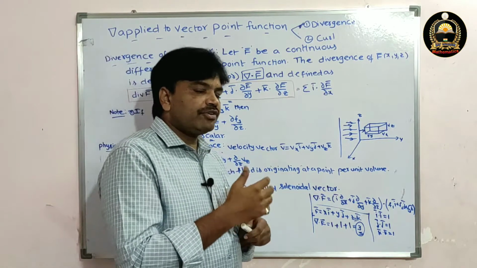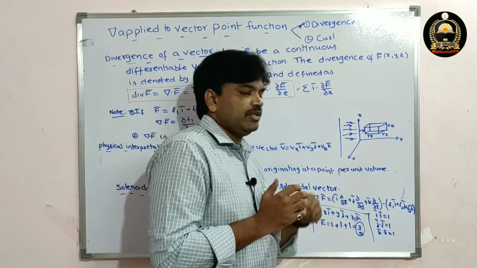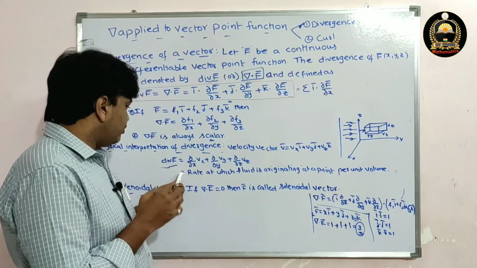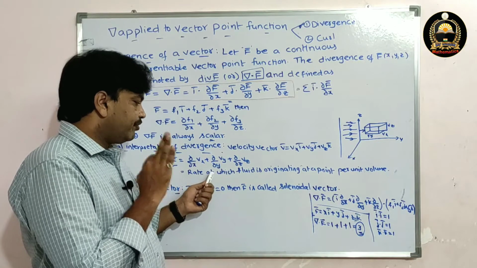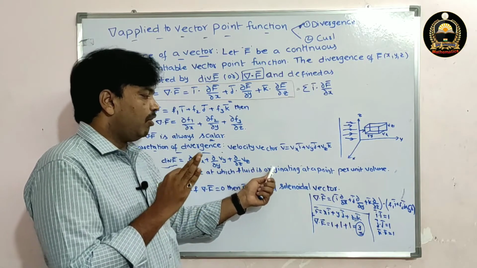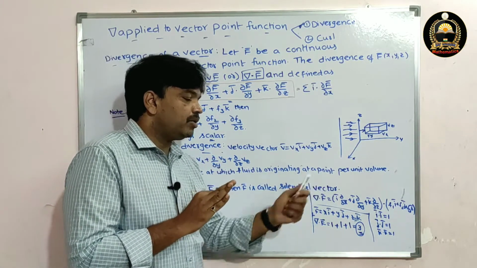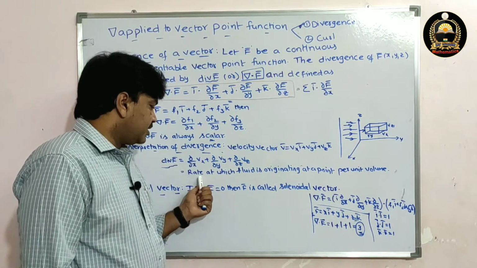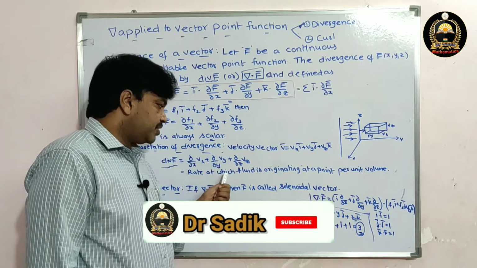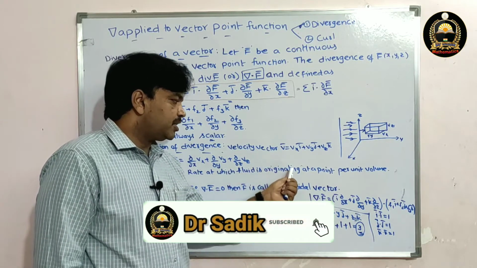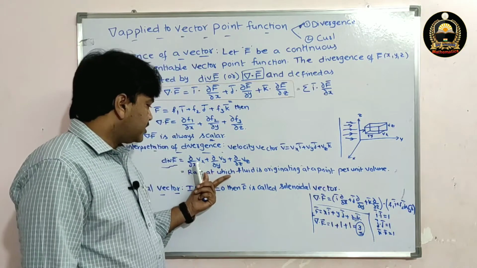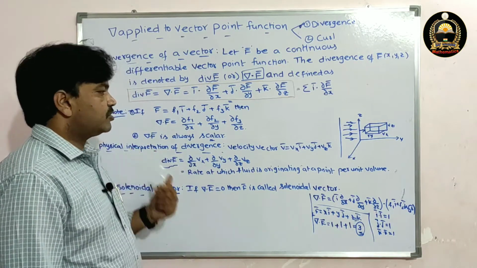Here the rate of change is in the fluid. That is the physical meaning: the rate at which fluid is originating at a point per unit volume. This is the physical meaning of divergence.